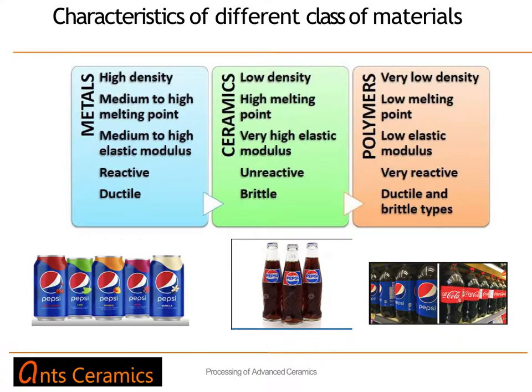Ceramics are a very important material from the point of view of high temperature application because they have a very high melting point. They are very unreactive and have a very high elastic modulus, but ceramics are brittle. Metals and polymers have the advantage of ductility in different applications over ceramics.